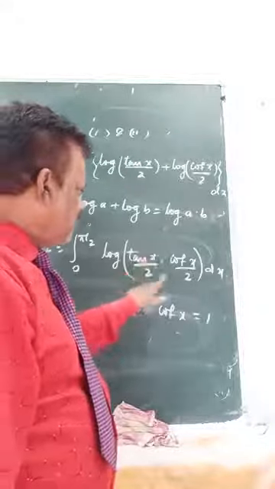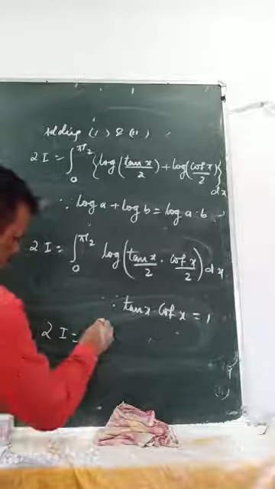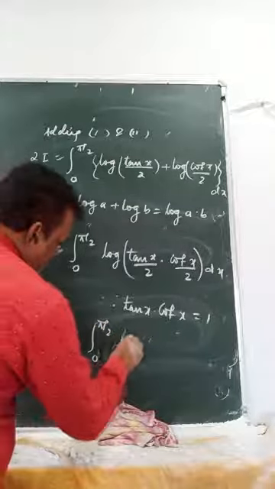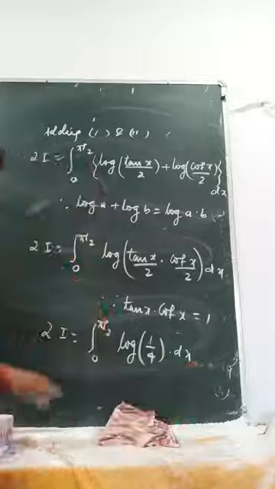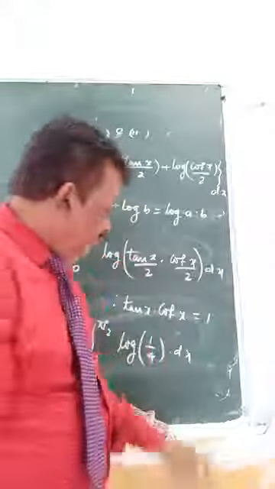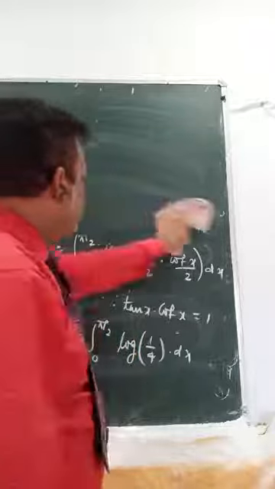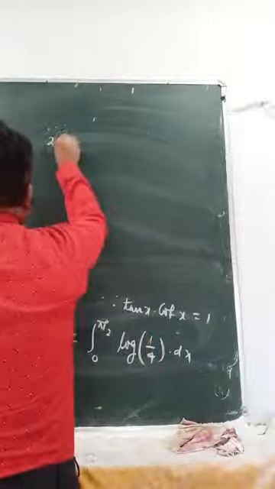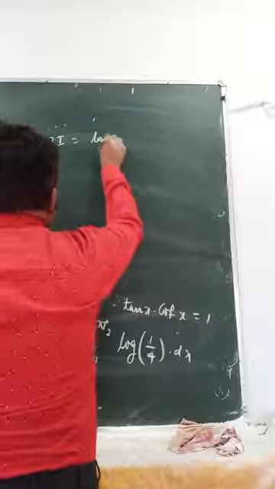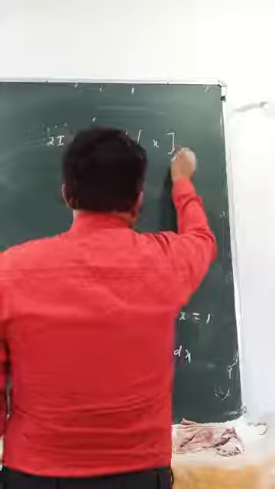That means this is 1 by 4. So 2I equals integral 0 to pi by 2 of log 1 by 4 dx. Now you can see log 1 by 4 is constant, the integration of dx is x. So 2I equals log 1 by 4 times x, limits 0 to pi by 2.